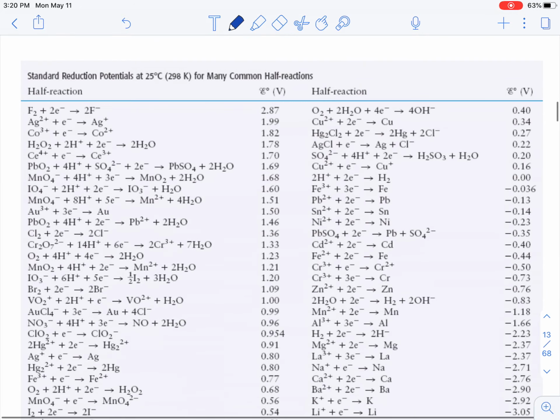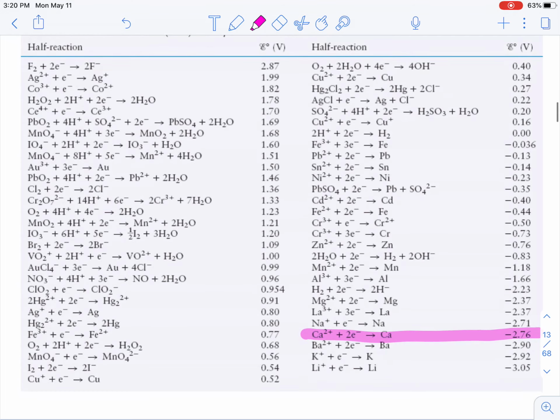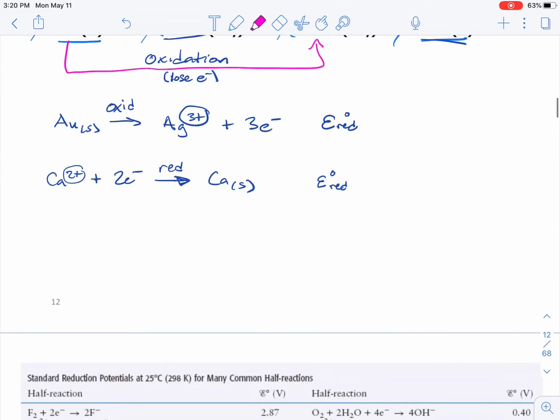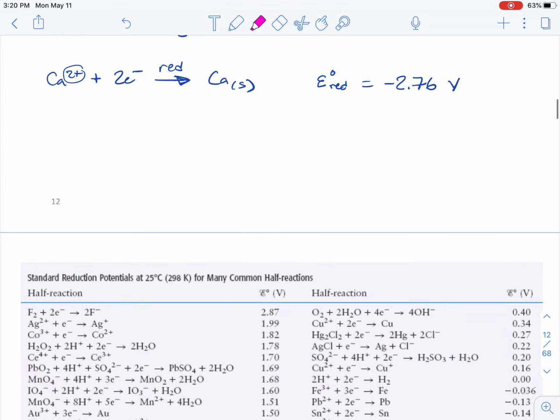For calcium, its standard reduction potential is going to be negative 2.76 volts. And so let's go ahead and look at gold.